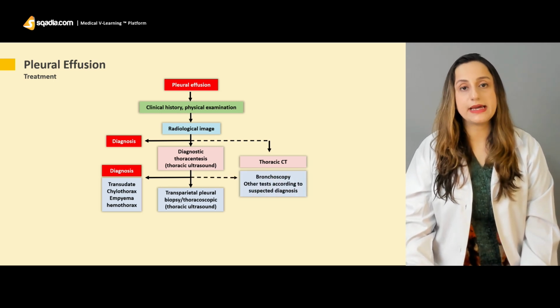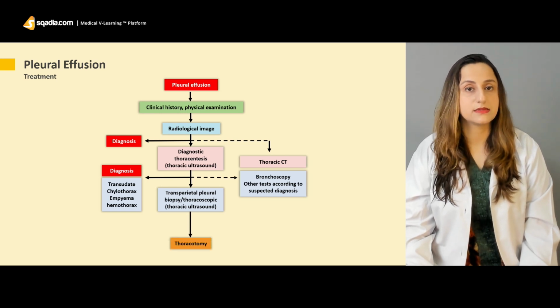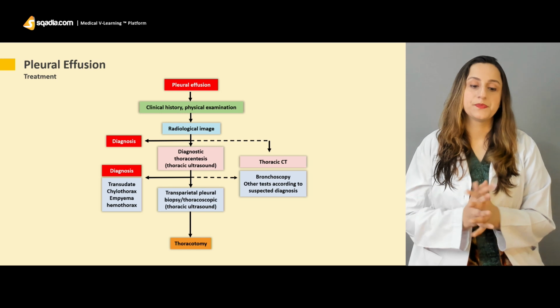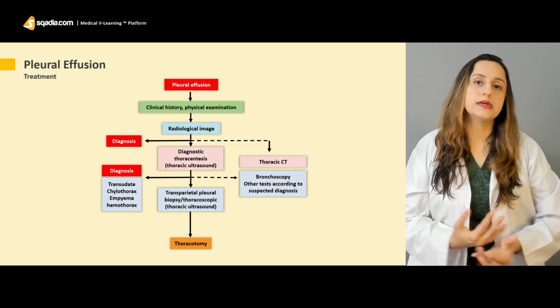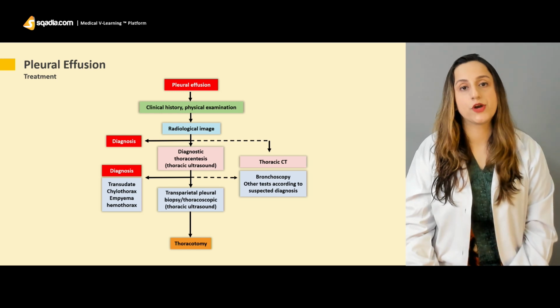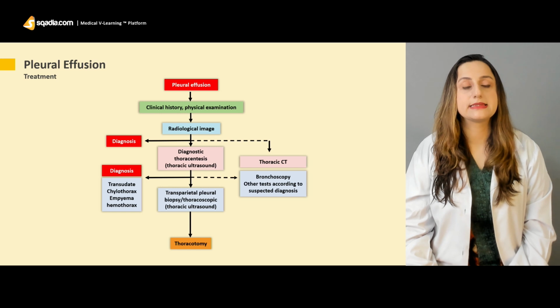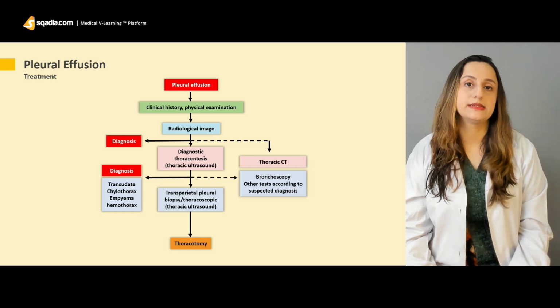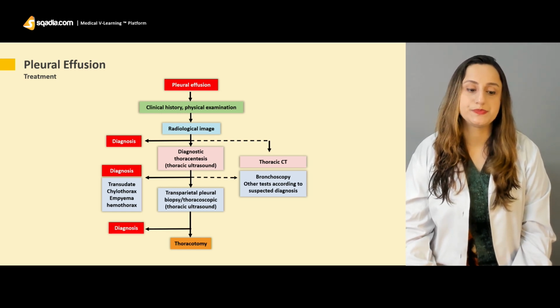Bronchoscopy is performed, and accordingly you can resort to the other tests supporting the diagnosis. And according to the diagnosis, you can treat the underlying cause, and also you can perform thoracotomy for the patient. It is basically the most appropriate surgical intervention that you can perform.